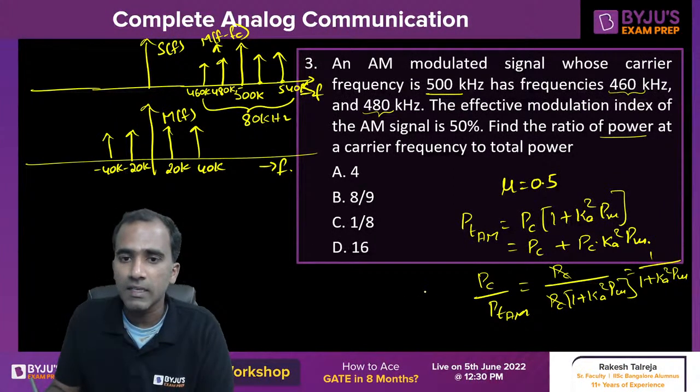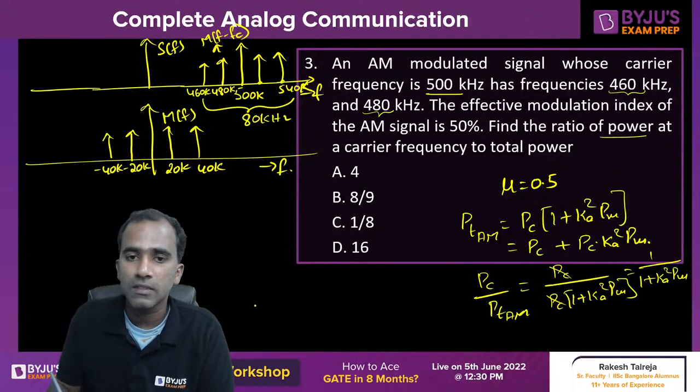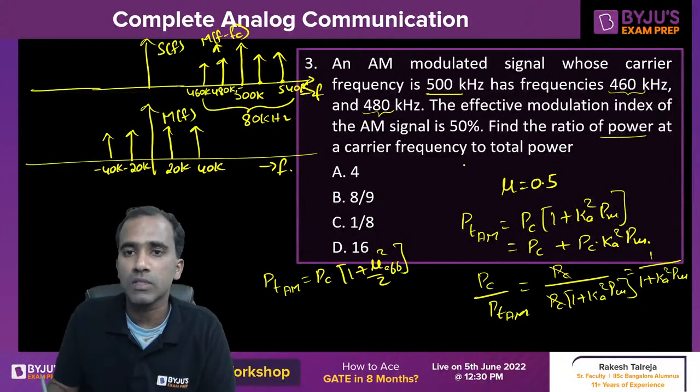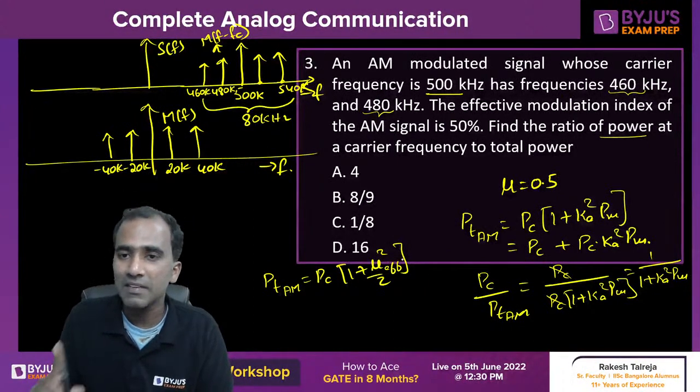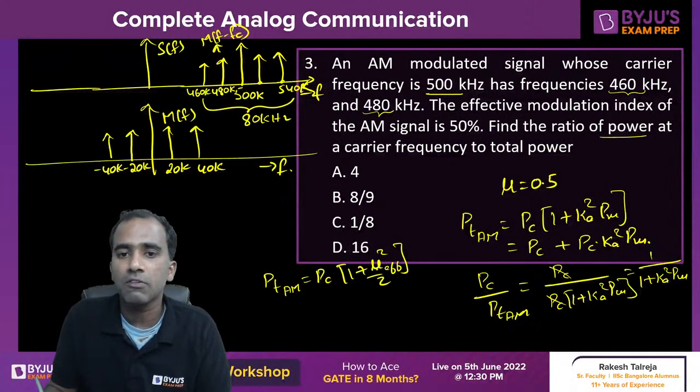When it is a sinusoidal signal, you can use the formula not only for the single tone case. If it is sinusoidal, we can use the formula 1 plus mu square by 2, but it should be mu effective square, the effective modulation index of both the sinusoidal signals, 460 kHz and 480 kHz. There are two sinusoidal signals here with two frequencies. If it is a single tone signal, it is mu square by 2. If it is two sinusoidal signals, then it is the effective modulation index.